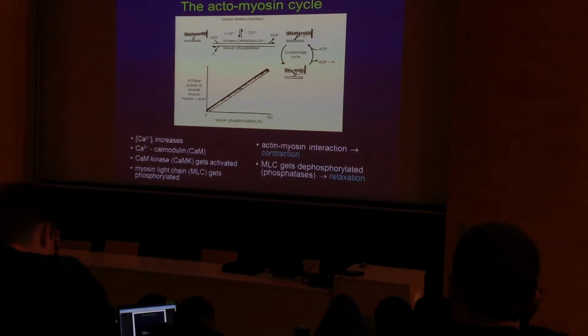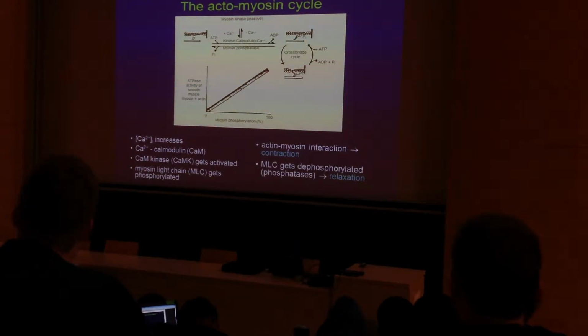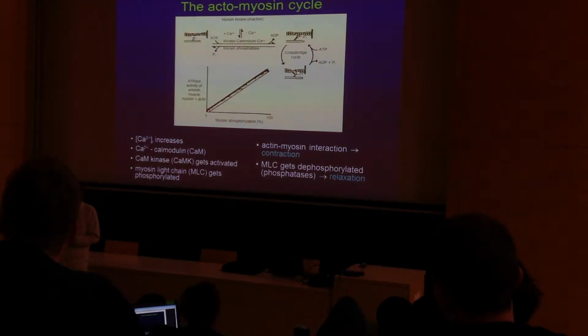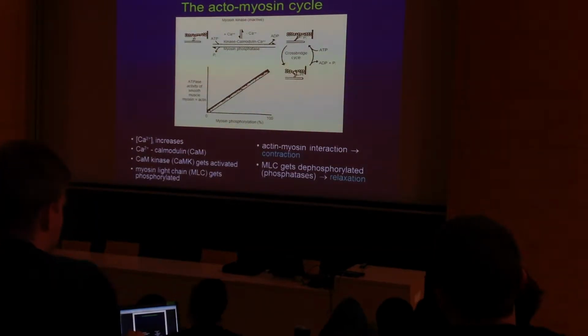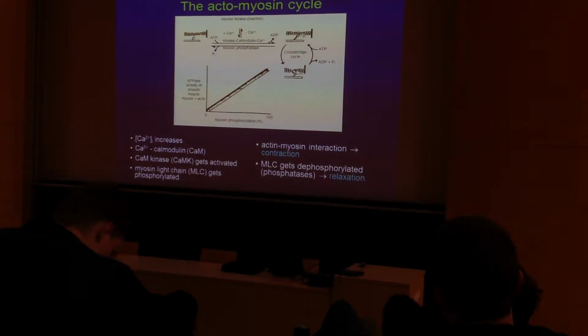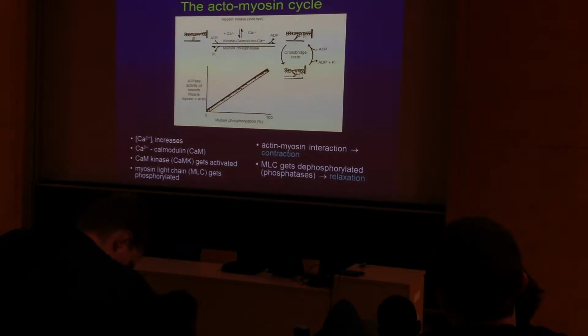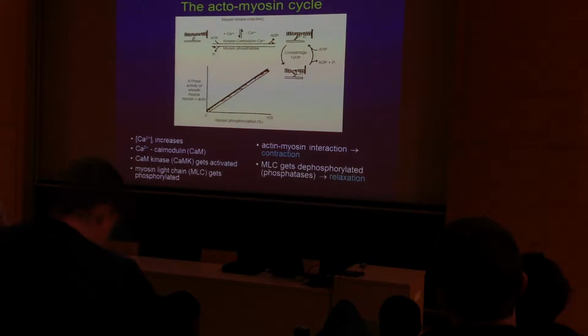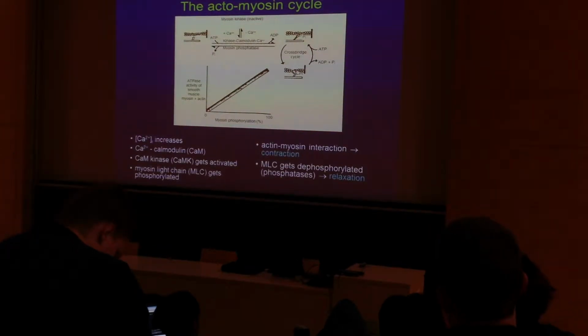So what happens is that calcium in the intracellular environment of the smooth muscle cell increases, then it binds to a molecule called calmodulin. Has this molecule been known to you before? Very good. So this calcium-calmodulin complex then activates a kinase, the calcium-calmodulin dependent kinase. If not, don't worry.